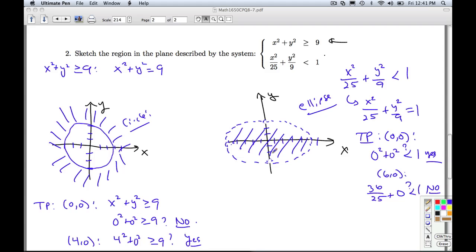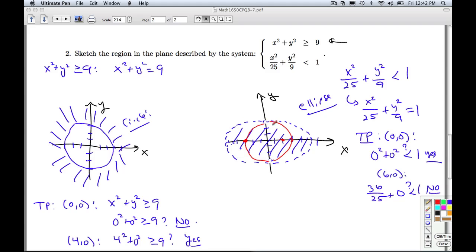Now we have to be careful here because, just from the graphs, the circle and the ellipse would intersect at these points. So if I go to draw the circle in here, I know the circle's got radius 3. So if I go to draw the circle in here, I know I'm going to have at least those 2 intersection points.